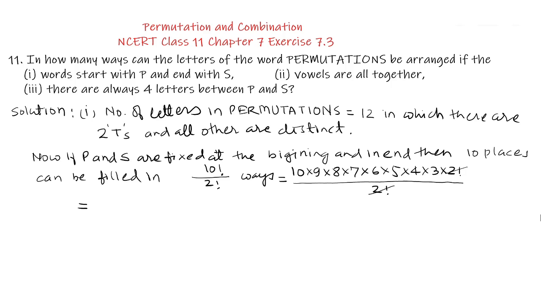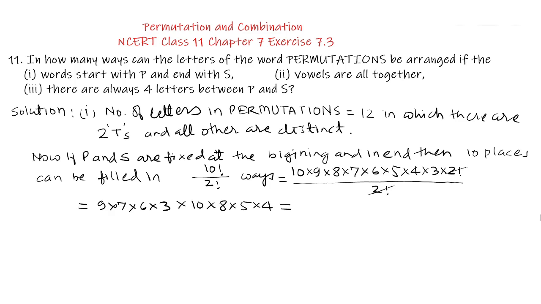Now for making our calculations easy, we write these numbers in 2 groups: 9 multiplied by 7 multiplied by 6 multiplied by 3, and 10 multiplied by 8 multiplied by 5 multiplied by 4.